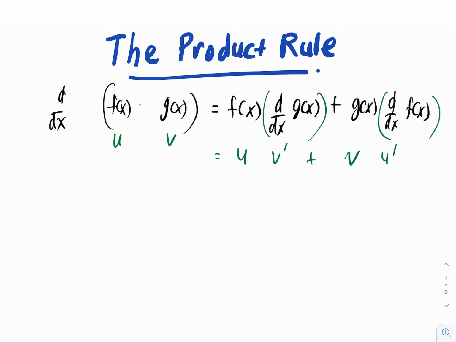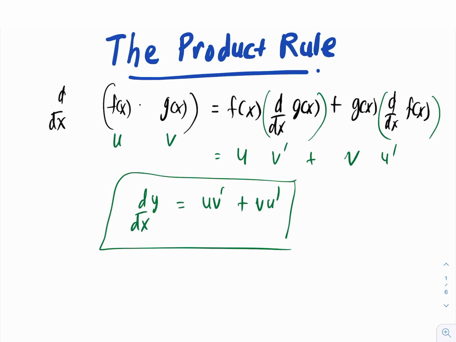Therefore, if we differentiate two functions, we'll have u v prime plus v u prime, and we're going to use this as the product rule to differentiate two functions when they are multiplied by each other.